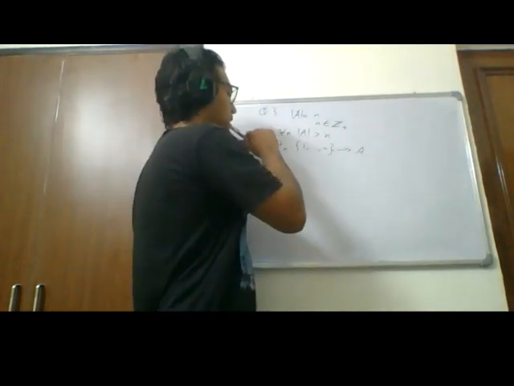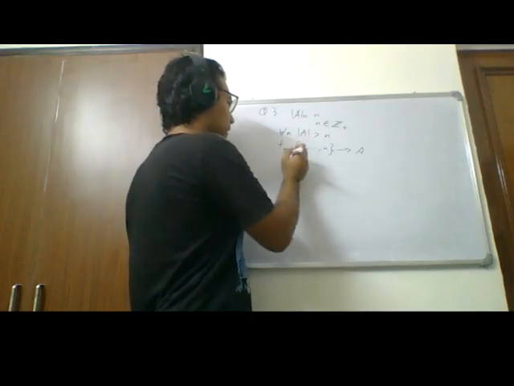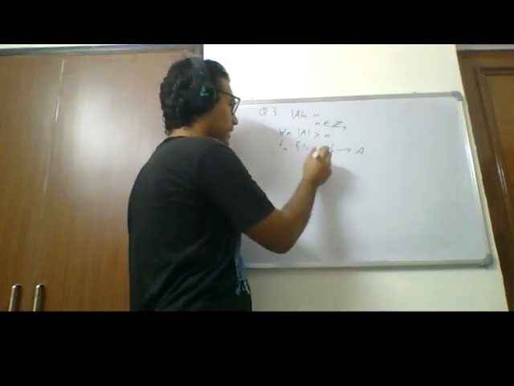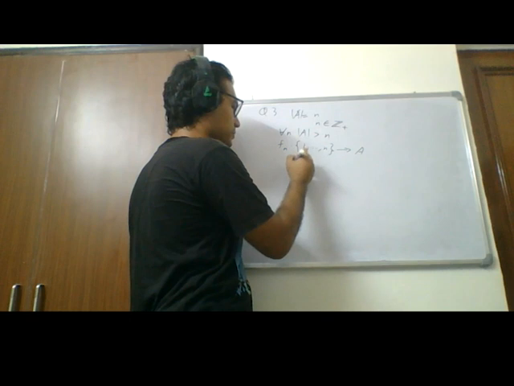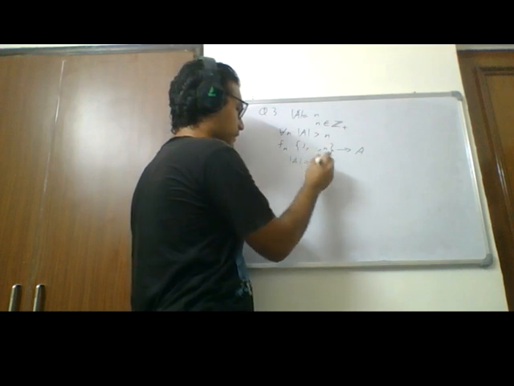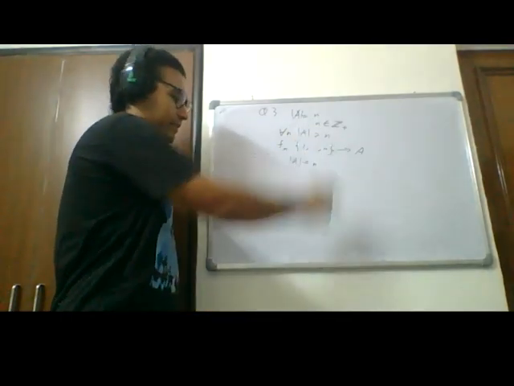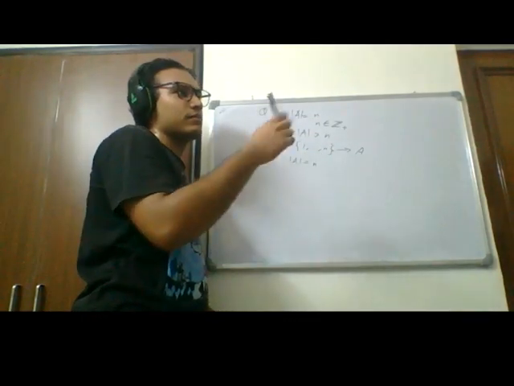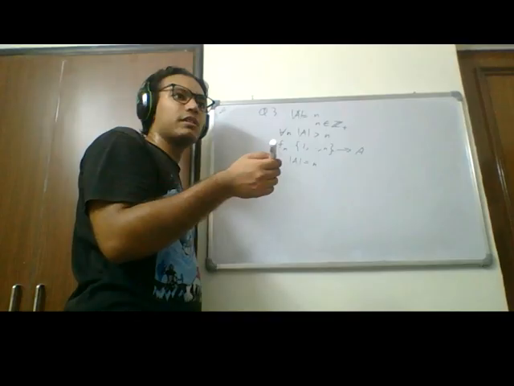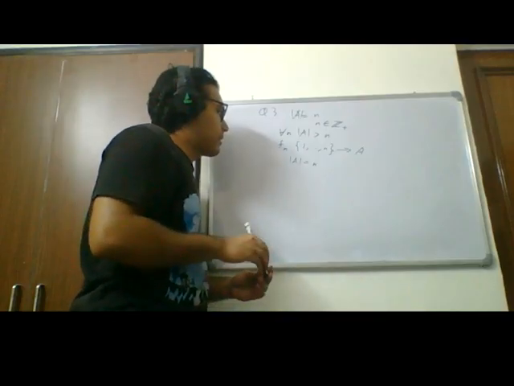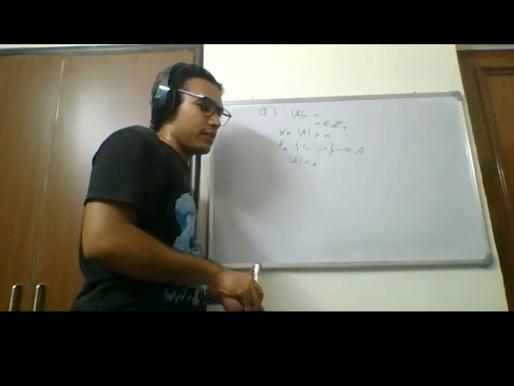Now we assume it has cardinality equal to n, right? So it's in a bijective correspondence with the section S(n+1) or Sn, I'm not sure. S(n+1), yeah. Now what?